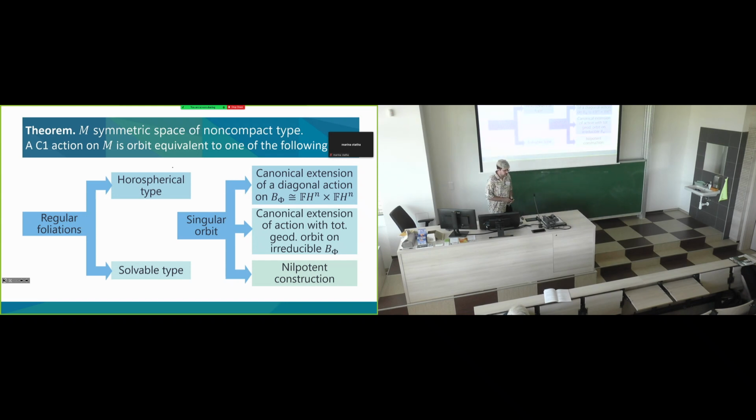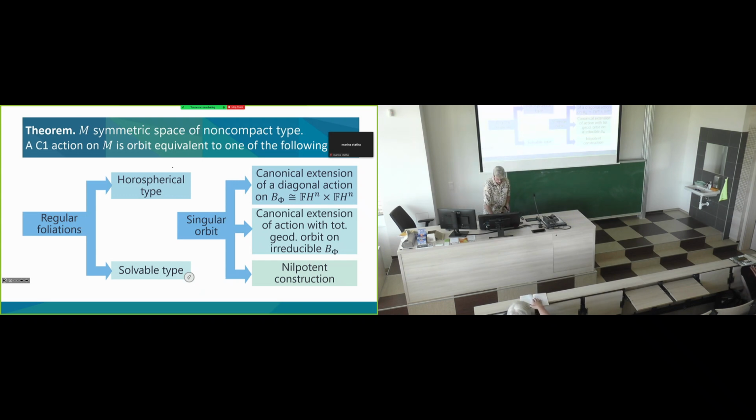Here by diagonal, I just mean that the Lie algebra acting on this thing is the first XX on two isomorphic or homothetic rank 1 spaces, the canonical extension of an action with a totally geodesic singular orbit, and this had already been classified, or an action obtained by nilpotent construction.